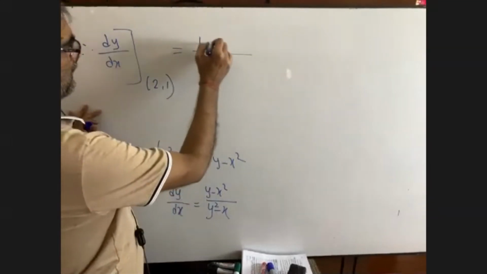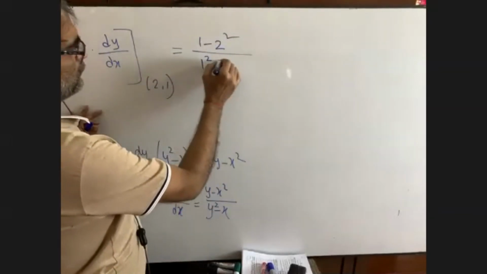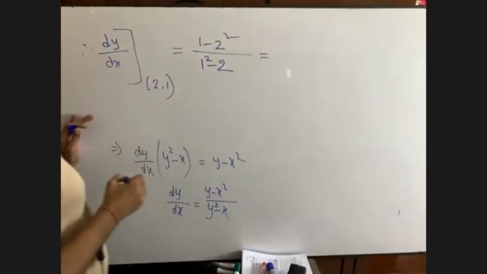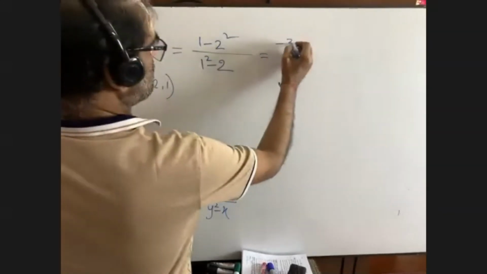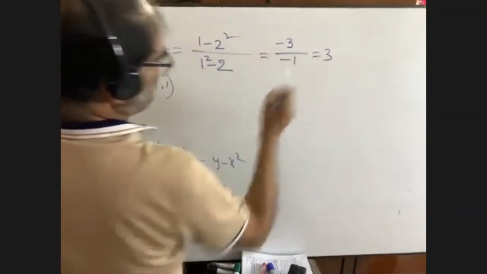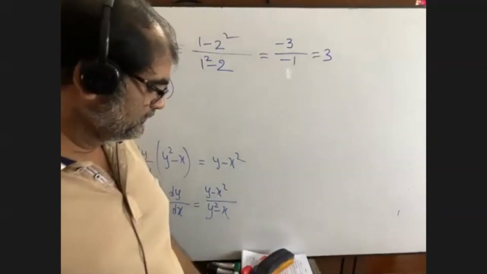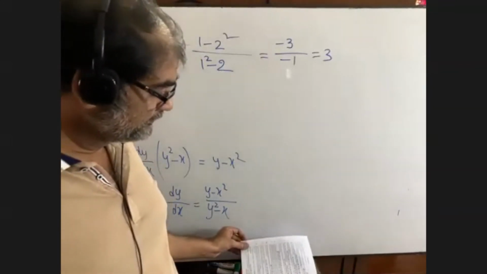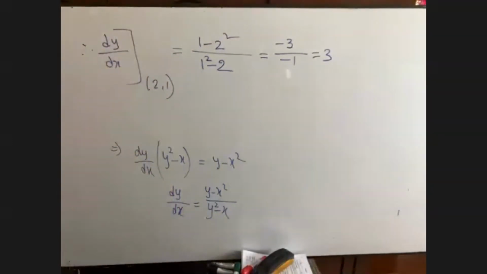So 1 minus 2 square, and 1 square minus 2. Please let me know the result. 1 minus 4 is minus 3, and 1 minus 2 is minus 1. And here we are done.